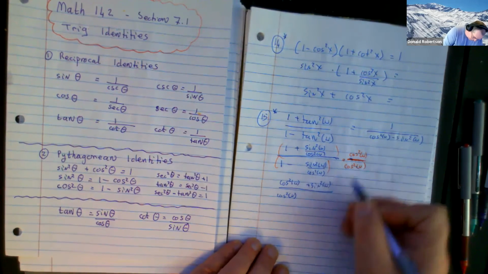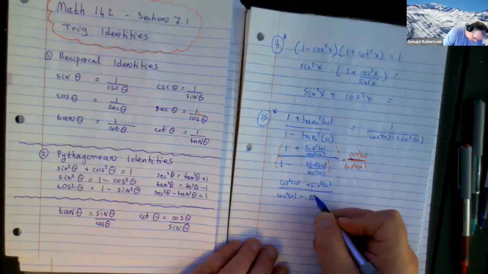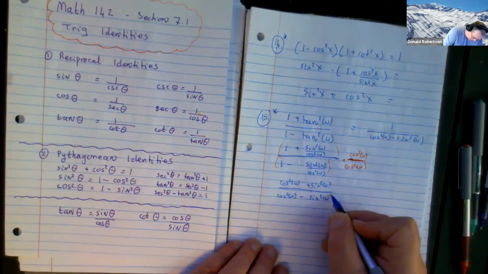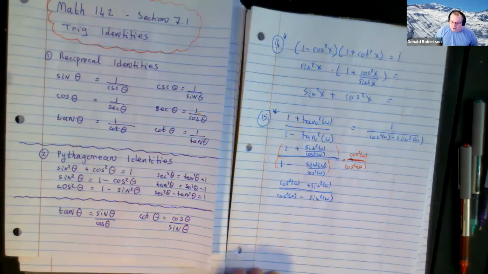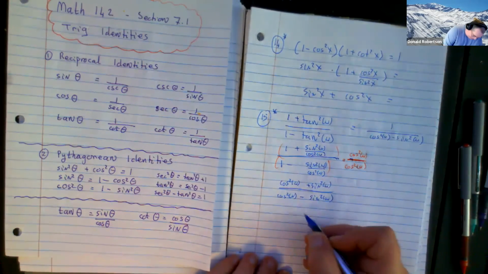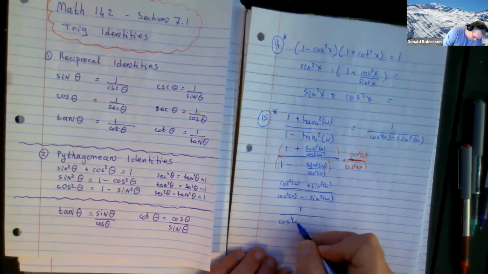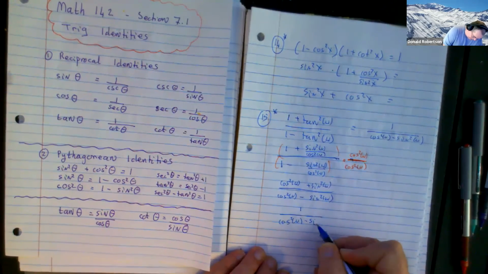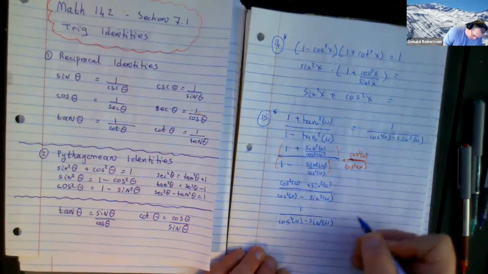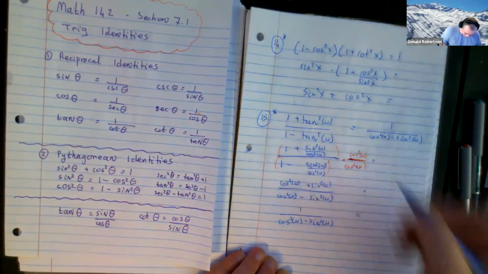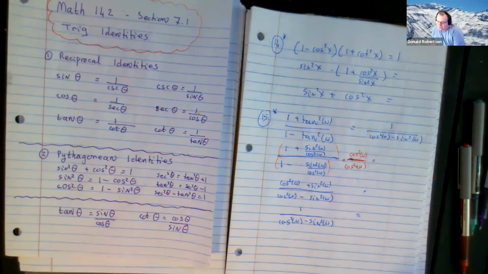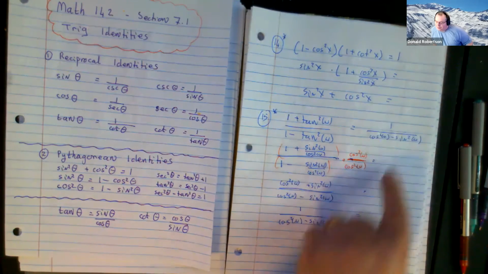And this fraction times this guy gets you negative sine squared. Wait a minute, isn't the top 1? Can't we stop now? Isn't that what we were trying to prove it was equal to?